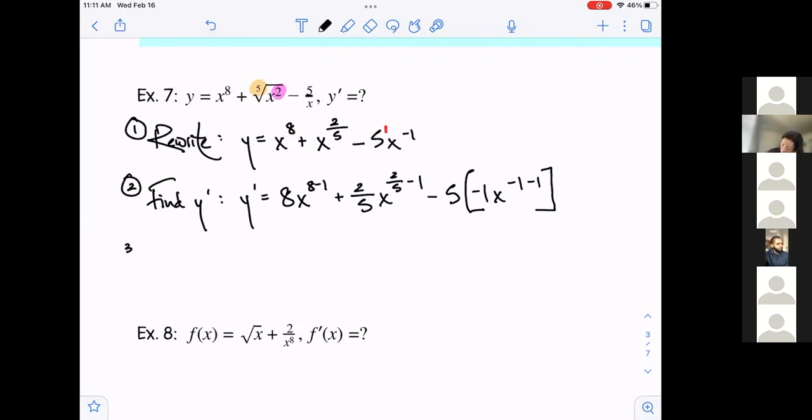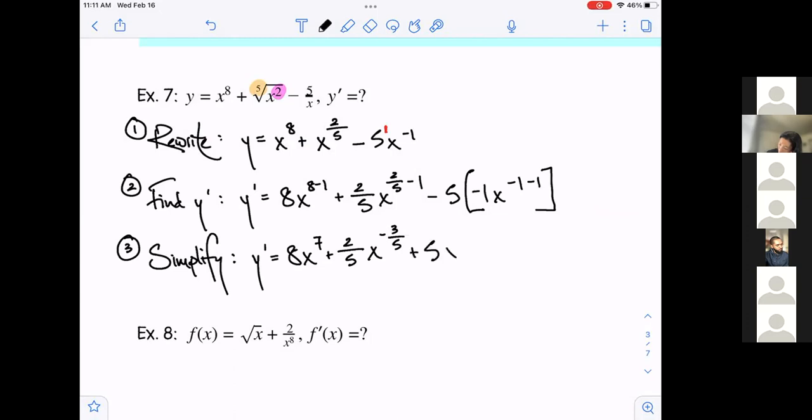And now that's the calculus. Now we simplify. So I get 8x to the 7th plus 2/5 x to the -3/5 plus 5x to the -2.